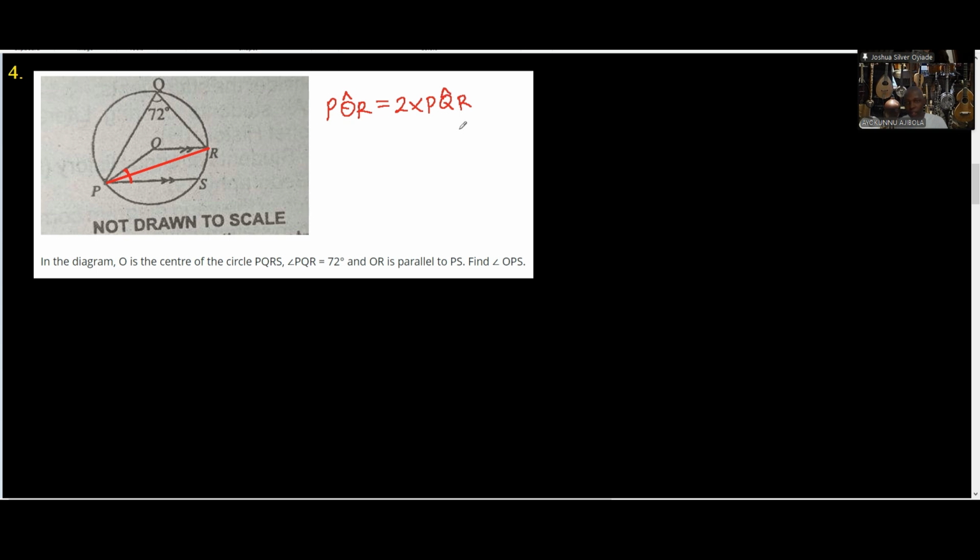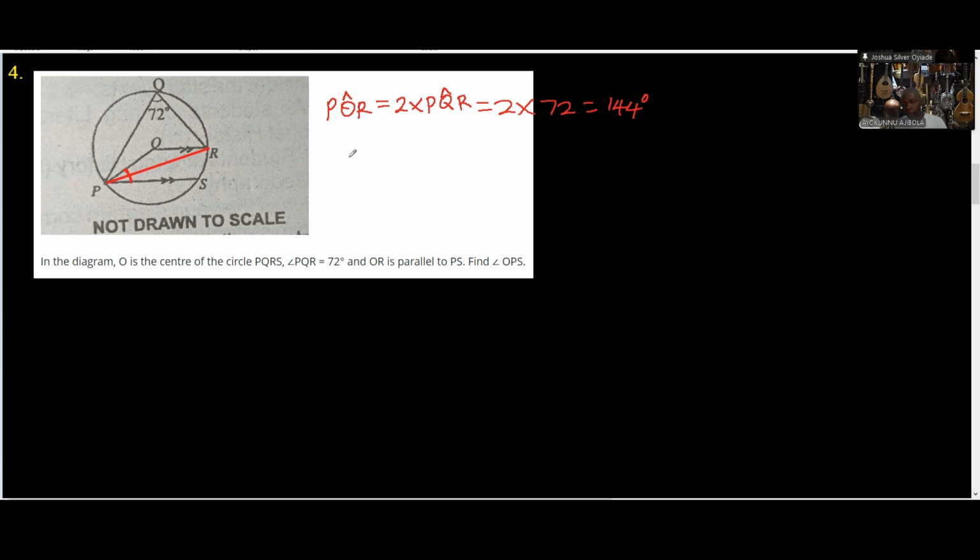That is the theorem there. Then we can say that angle POR will be 2 times 72, which is 144 degrees.